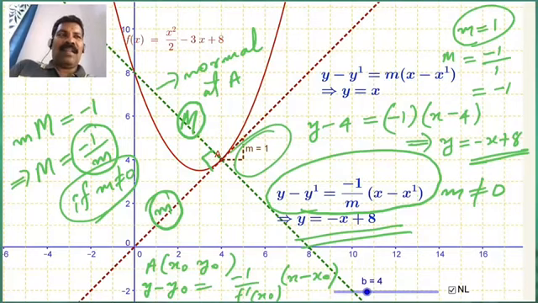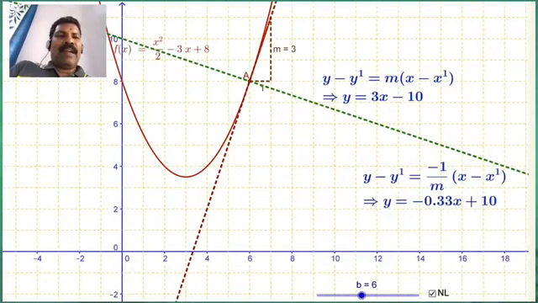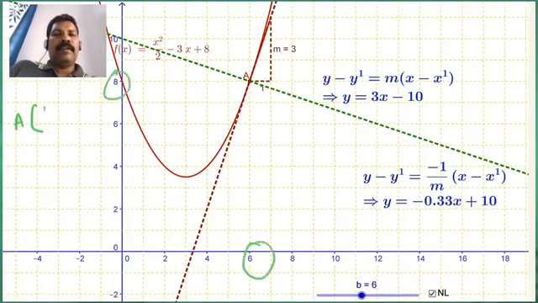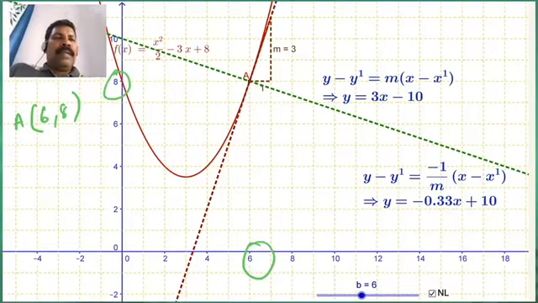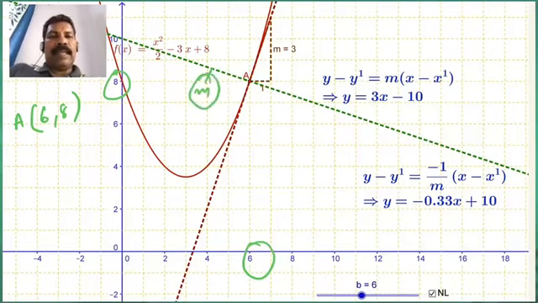Now let us consider another case. Here we have taken the point capital A, that you can see from the diagram, 6, 8. So 6, 8 is the coordinate of capital A. Then again we can compute the slope of the tangent, that is m.